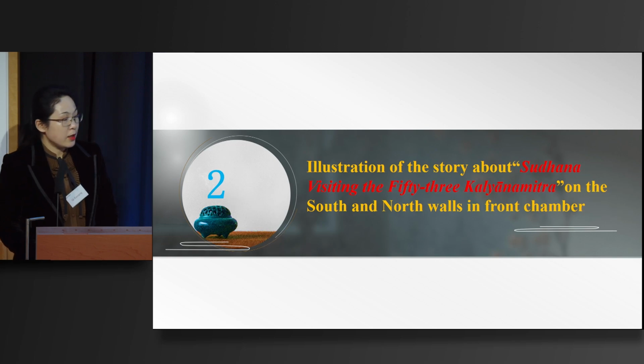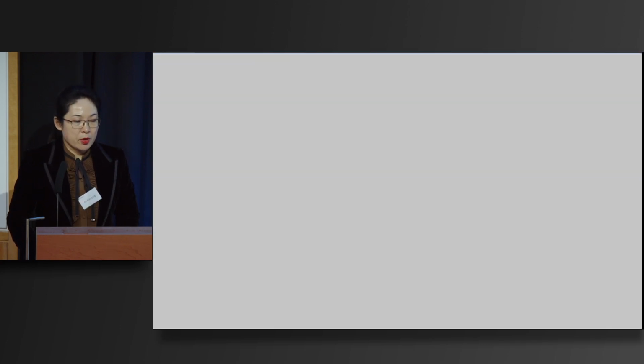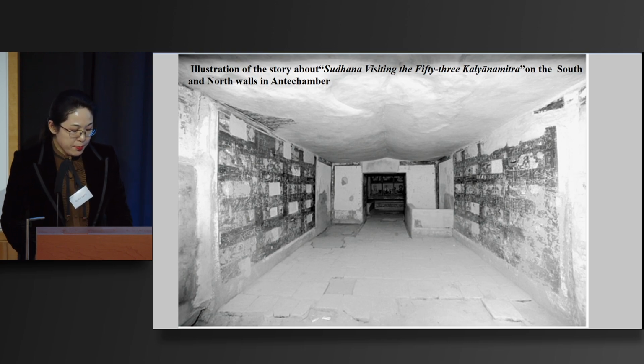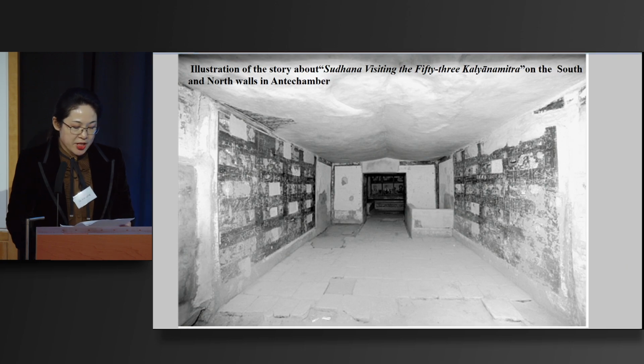Let's look at the illustration of the story of Sudhana visiting the 53 kalyanamitras on the south and north walls in front of the antechamber. The murals on both the south and north walls in the antechamber are badly damaged.